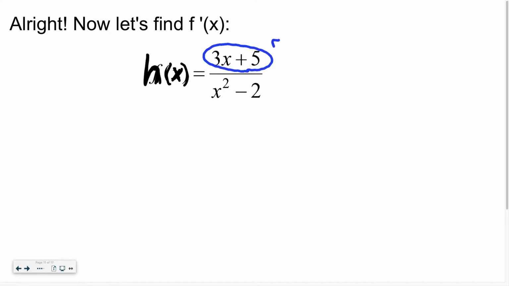Okay, so this is our f function, and this is our g function.